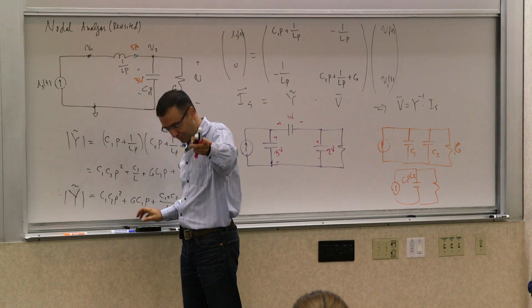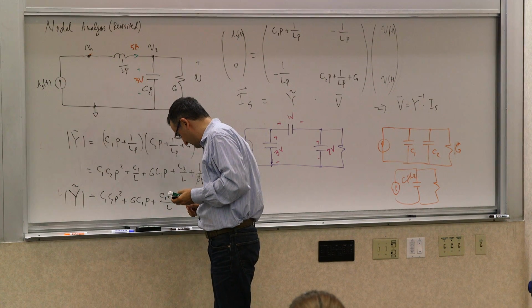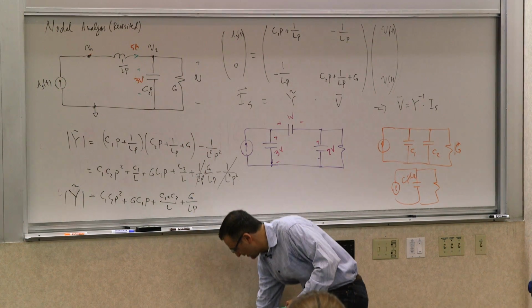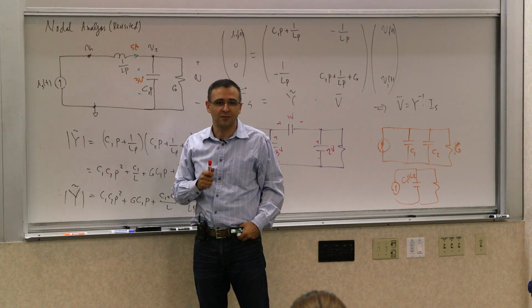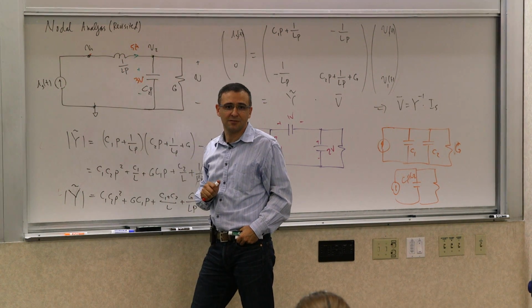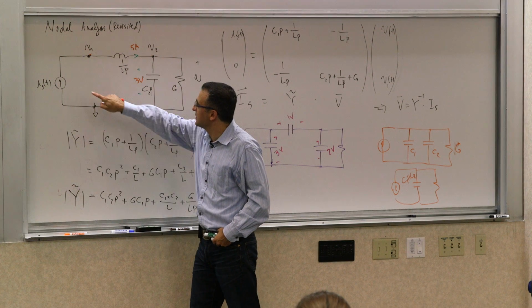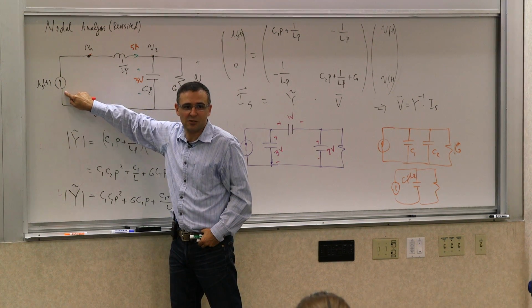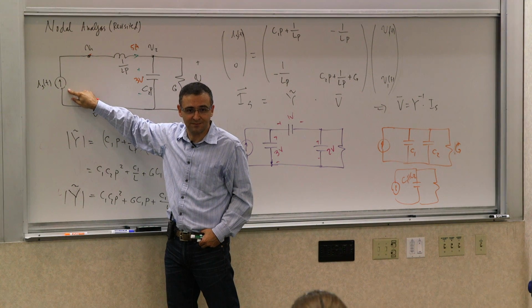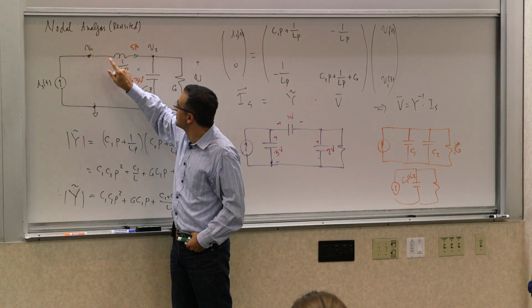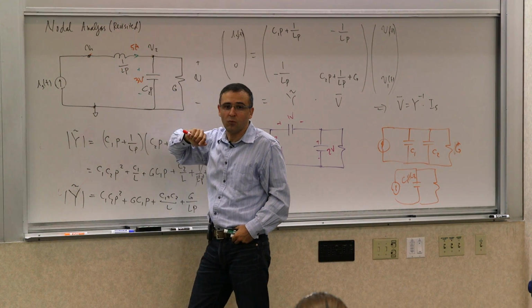For the reason you said, but please repeat it for everyone. Because the current over the inductor is IS. It's a current source in series with an inductor. So can I set this to be 5 amps? No, because the current is forced by this guy. You have no degree of freedom to control it. So now it's the order of 1.